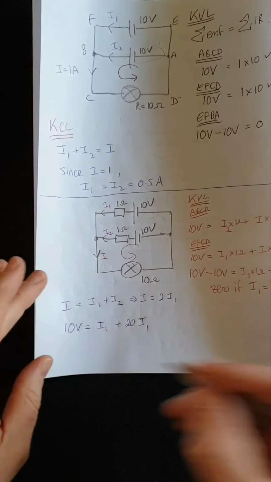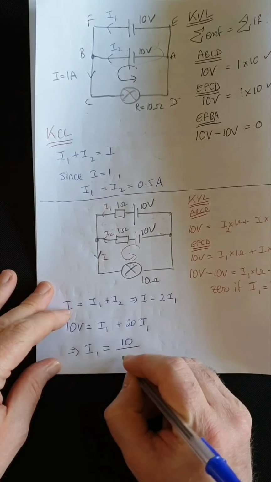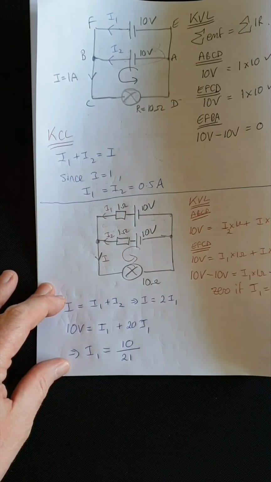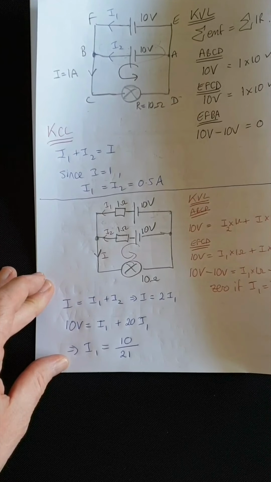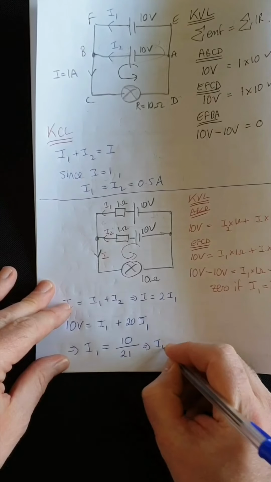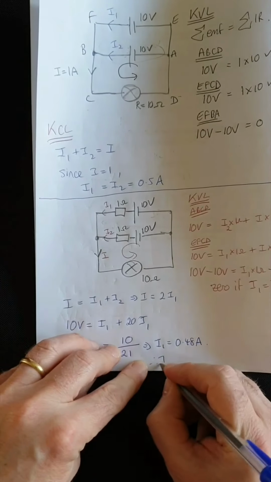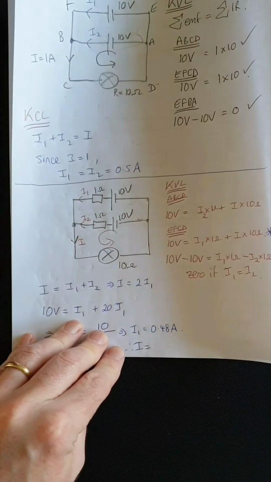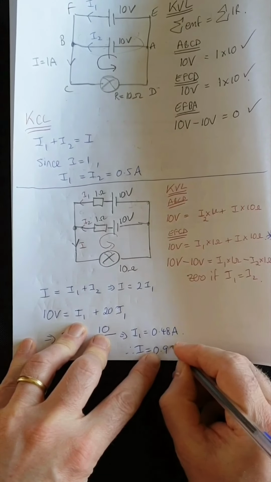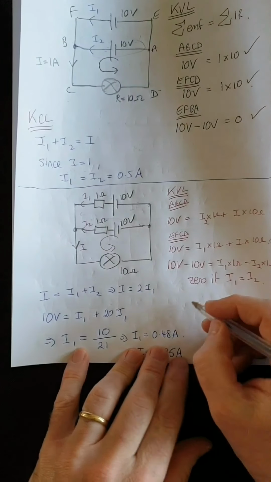Okay, so using this, then I can calculate a value for I1, which is 10 divided by 21, which is going to be a value of I1 is equal to 0.48 amps. Therefore, my current is equal to twice that, 0.95 amps.